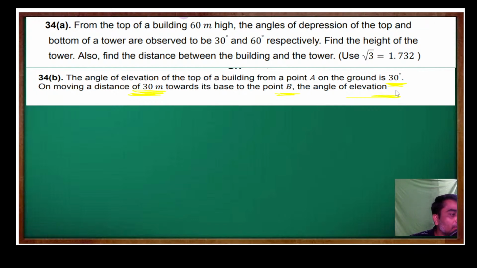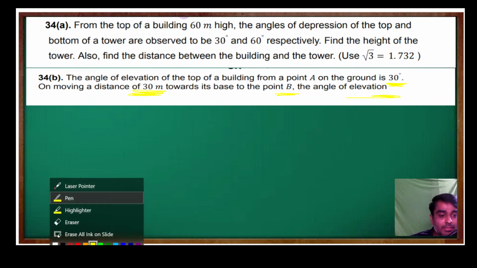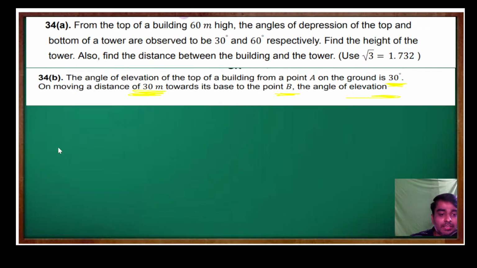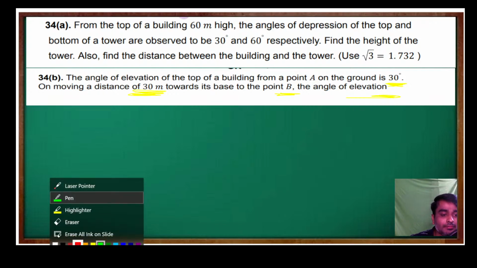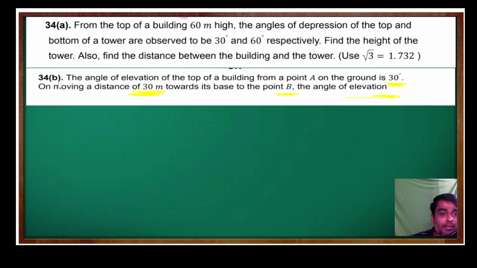Here I think a question is missing. The angle of elevation changes to 45 degree. Find the height of the building and distance of its base.